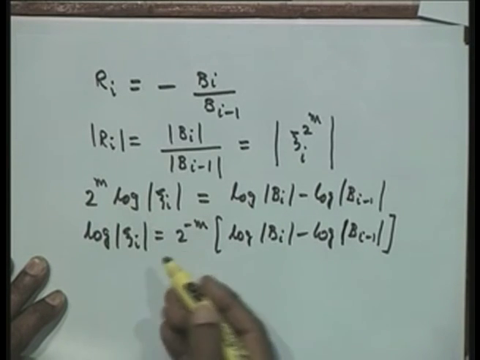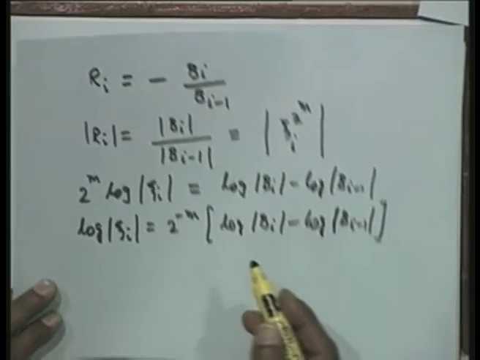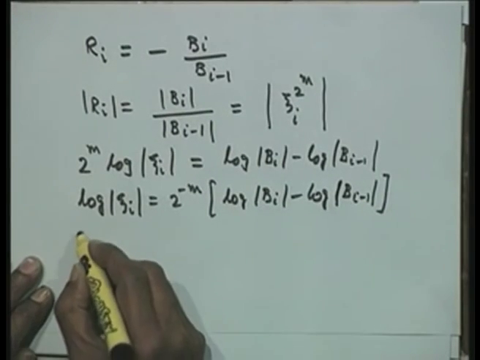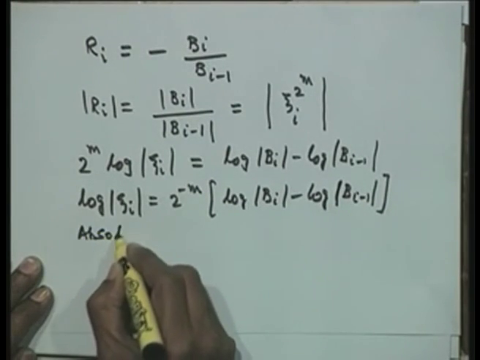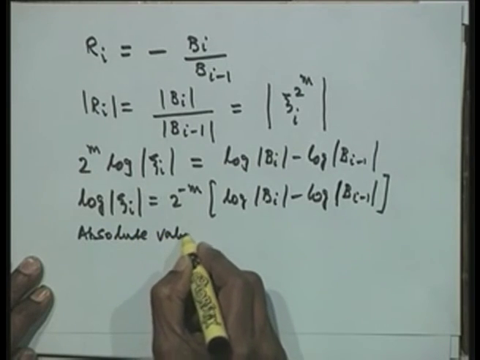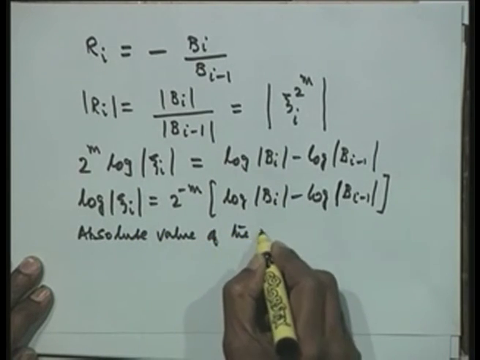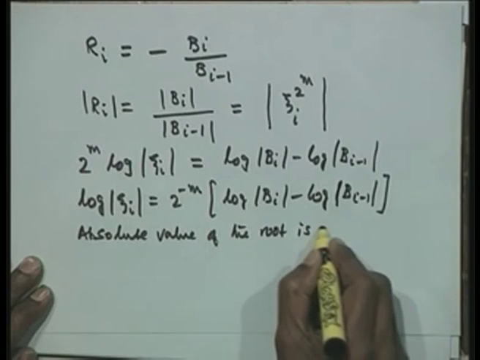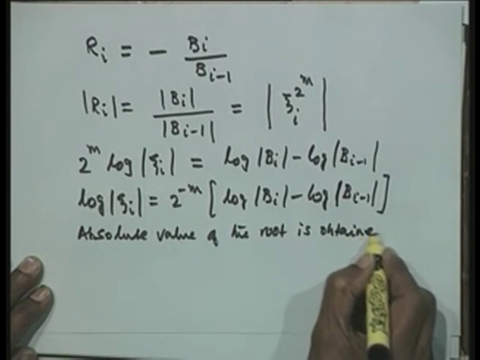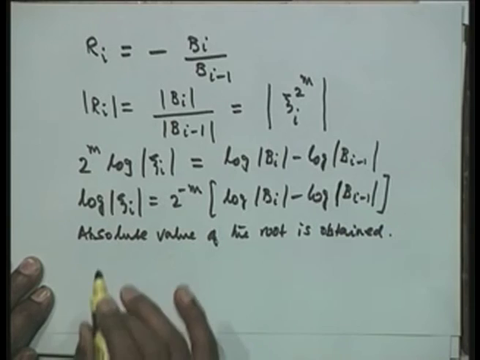Therefore, the root is obtained now. We are getting the absolute value of the root. Now we need to find its sign.